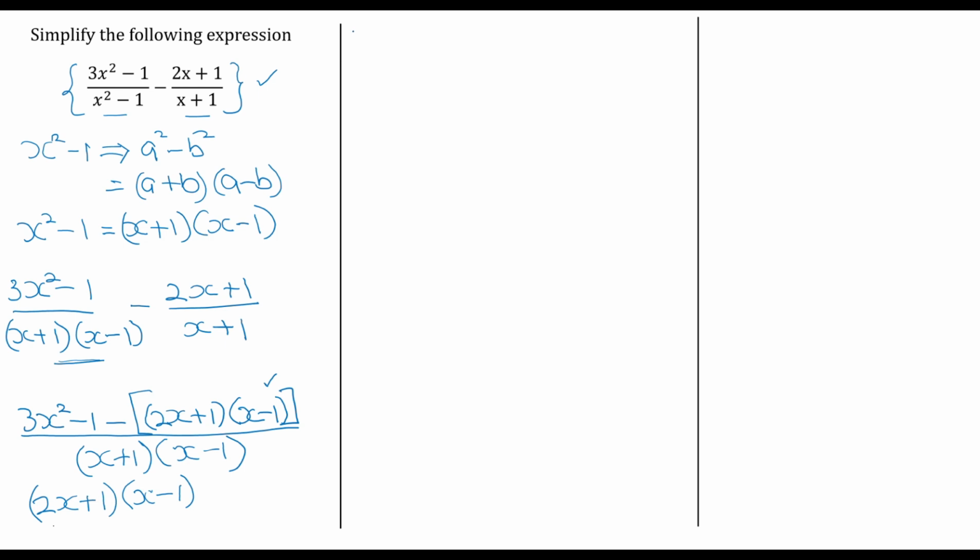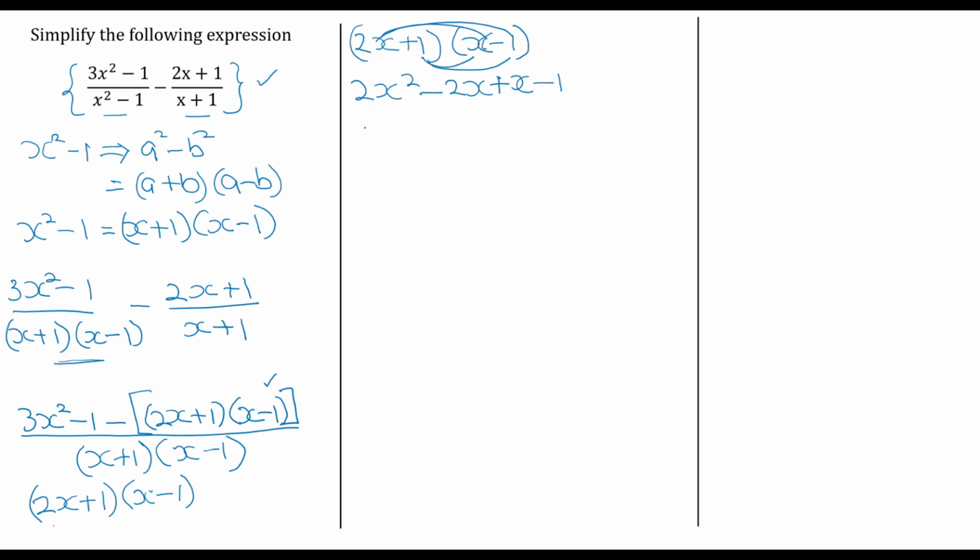Expanding (2x plus 1)(x minus 1), when you expand this one with this one, you'll have 2x squared, this one and that one, minus 2x, this one and this one, plus x, and this one and that one, you'll have negative 1.